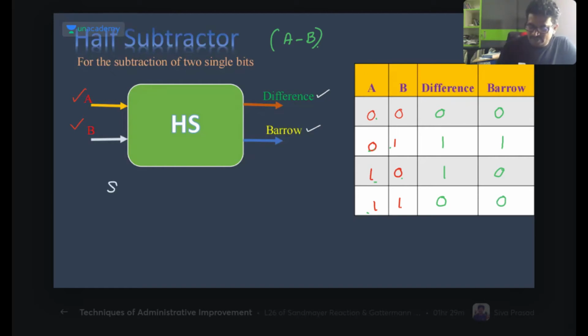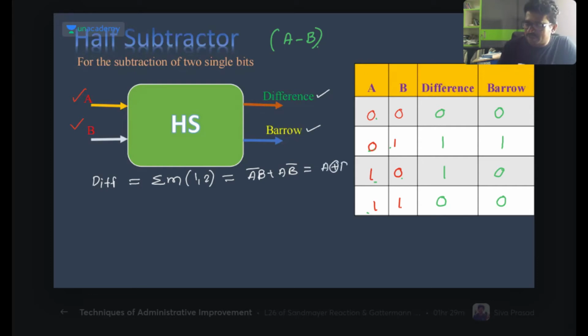So what is it for the difference here? The difference is given in terms of sigma 1, 2. That means it is A bar B plus A B bar. This is nothing but the XOR operation.